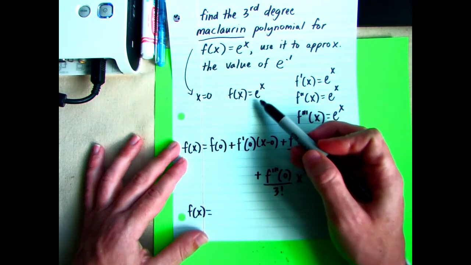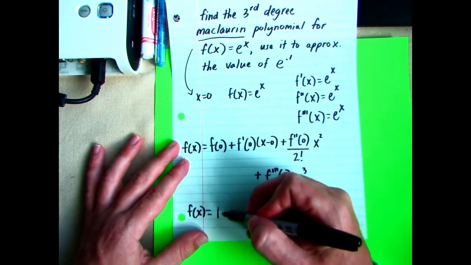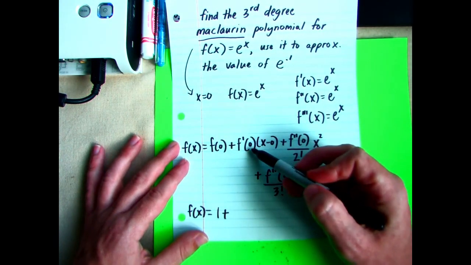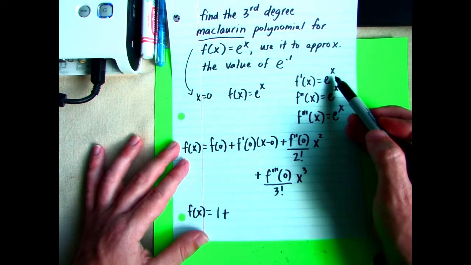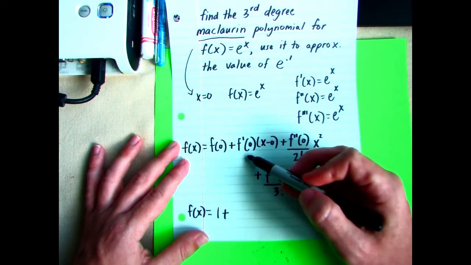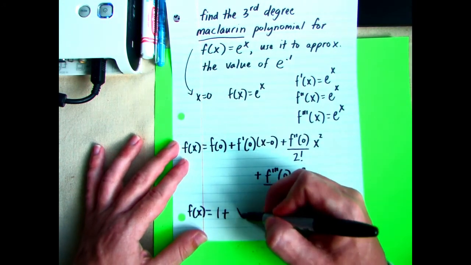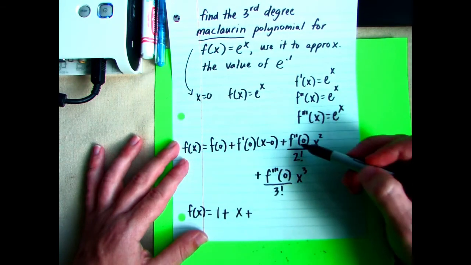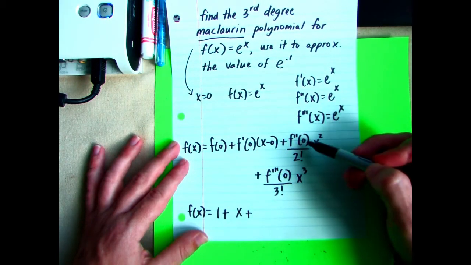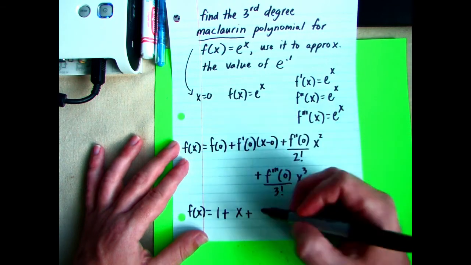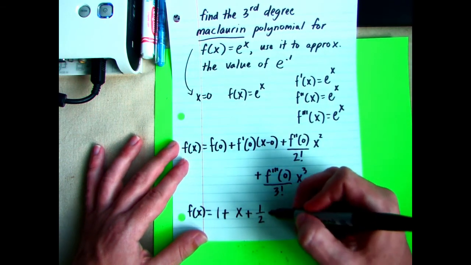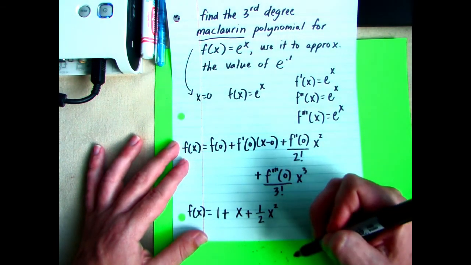F of 0 is e to the 0, which is 1. F prime of 0 is also going to be 1. So 1 times x. F double prime of 0 is 1 over 2 factorial. That's going to be 1/2.